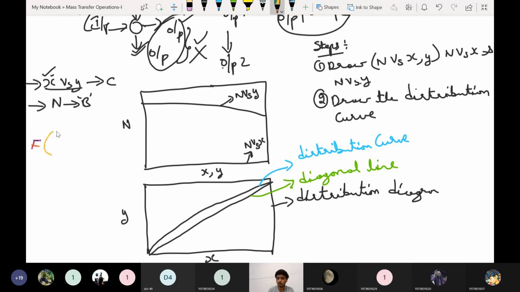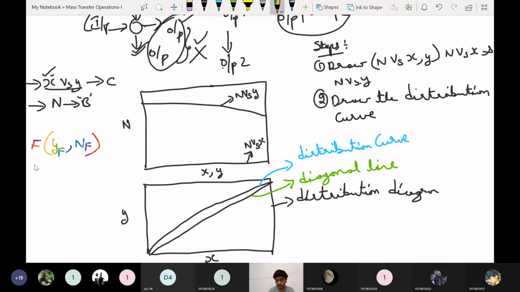Point F. So what is this feed? It will be this x, we can say, this YF. So the feed will be this y comma NF.